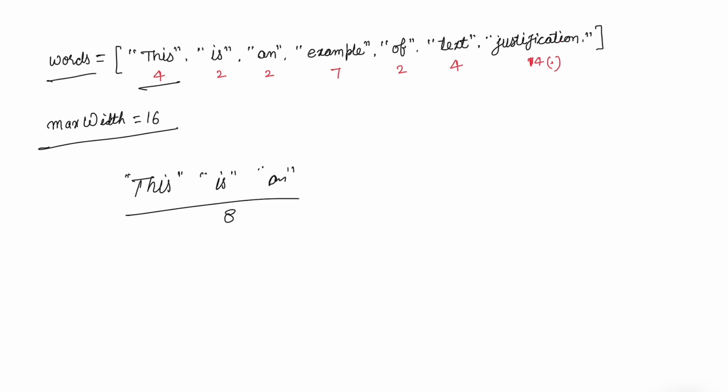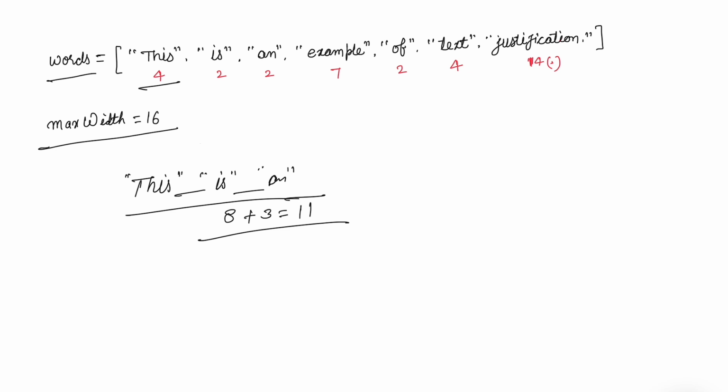If there are two words, there should be one space between them. So the number of spaces is the number of words minus 1. If there are 3 words, there are 2 positions for spaces. If there are 4 words, there are 3 positions. So here 8 plus 3, that means 11 positions will be fixed.